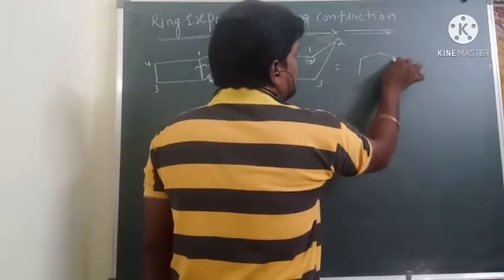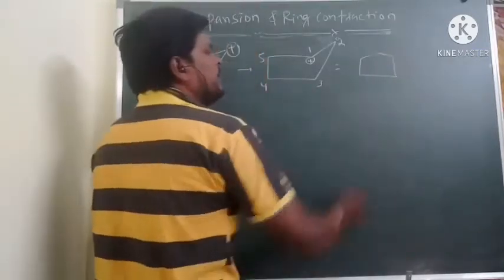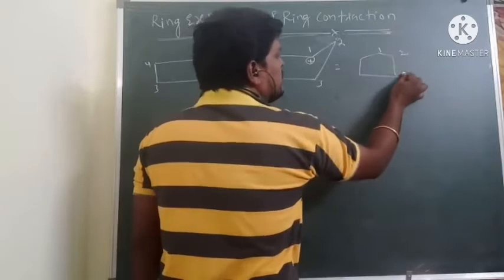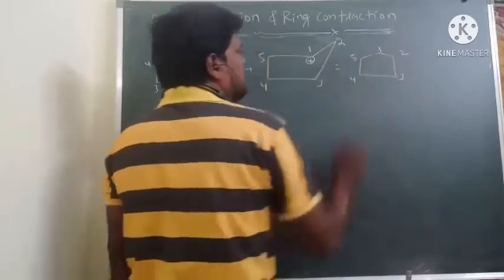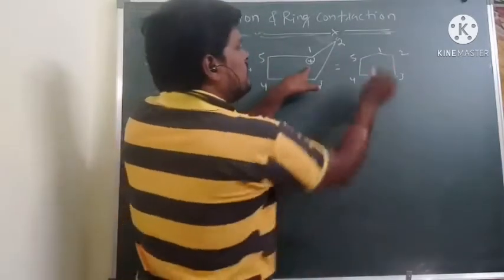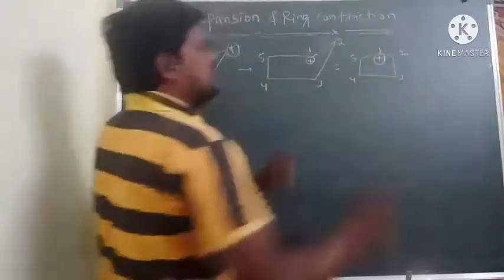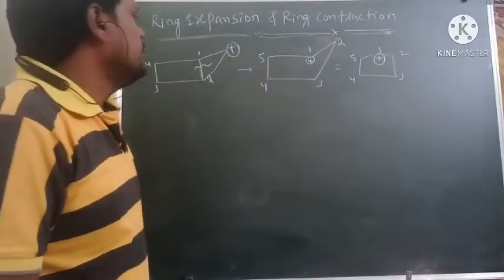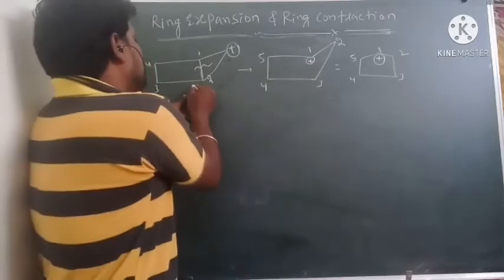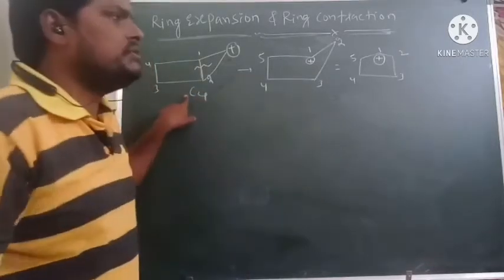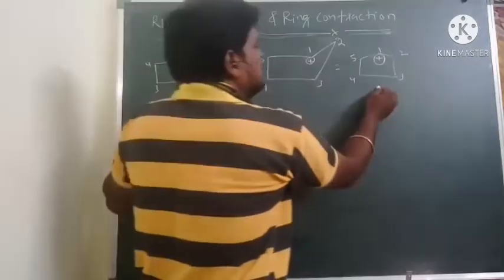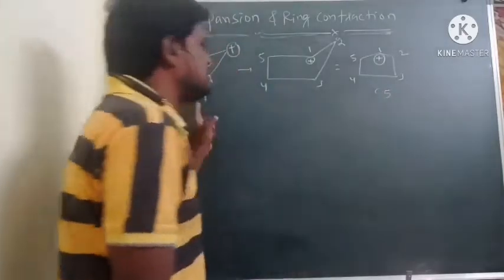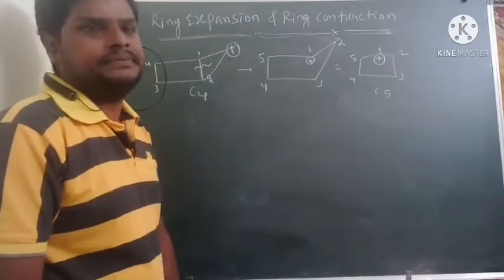So write down the structure: a 5-membered ring with first, second, third, fourth and fifth carbon. The first carbon still has the positive charge, so it is a carbocation. Observe that this was a C4 ring, but now it is a C5 ring, so expansion takes place here.